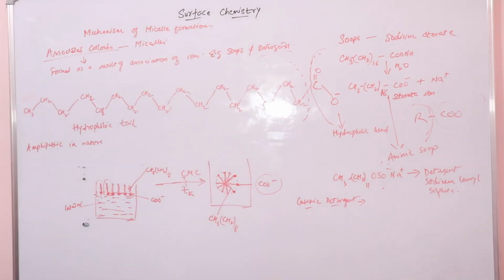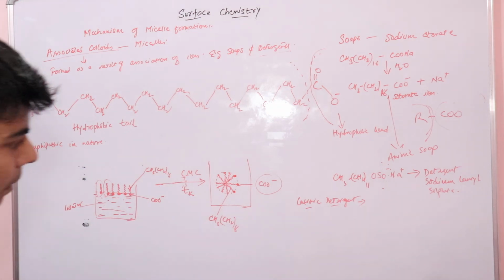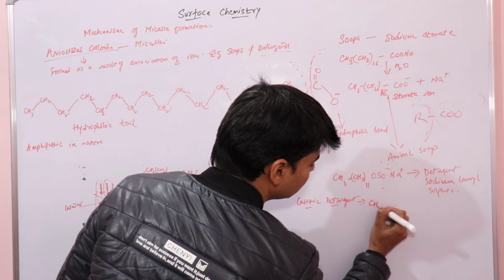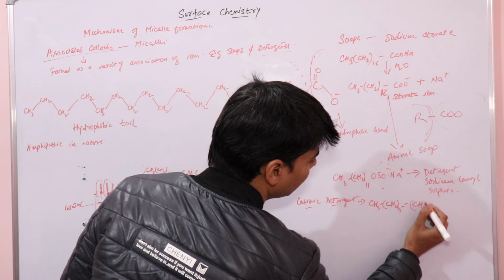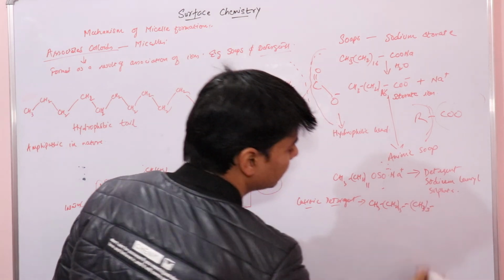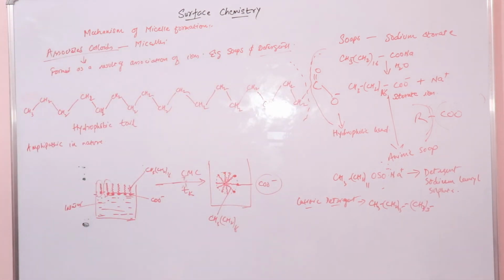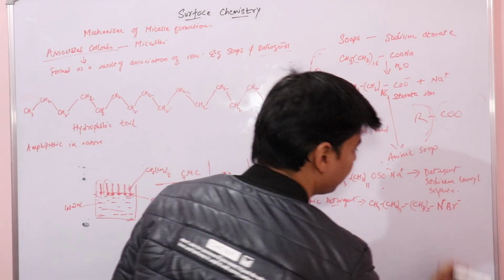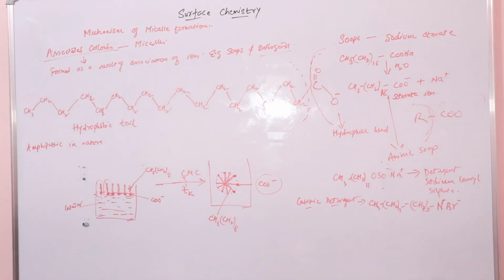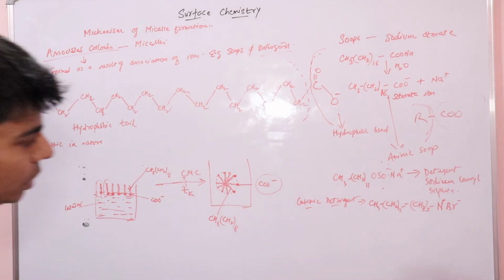The name of the detergent is cetyl trimethyl ammonium bromide. CH3 CH2 15, then trimethyl, three methyl groups, ammonium bromide. Ammonium is N plus, Br minus. So this is cetyl trimethyl ammonium bromide.